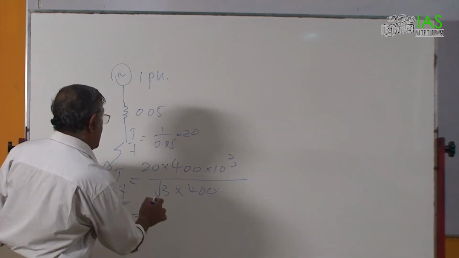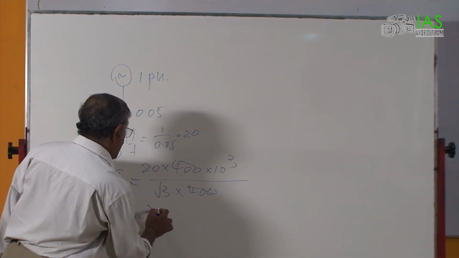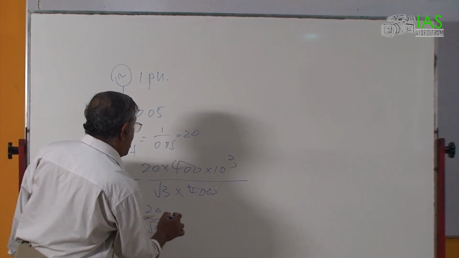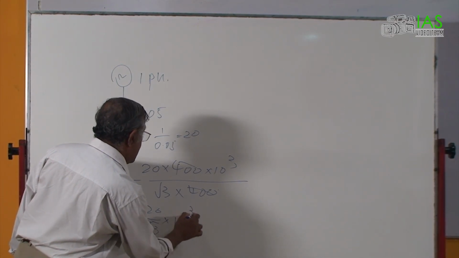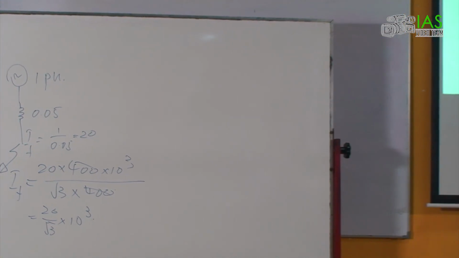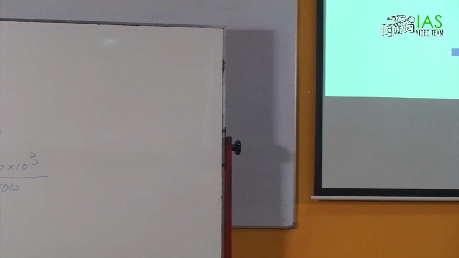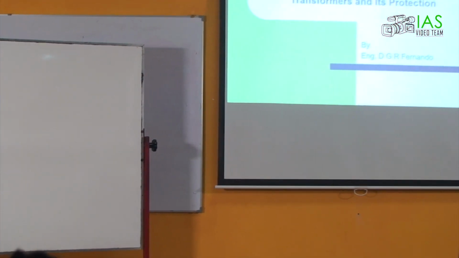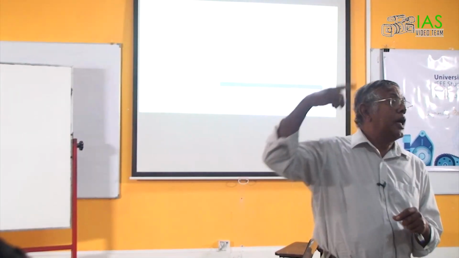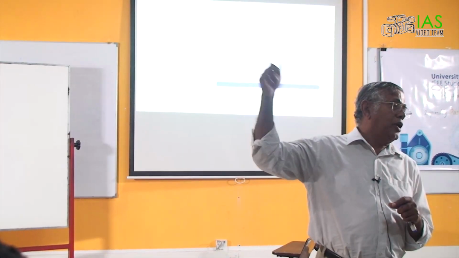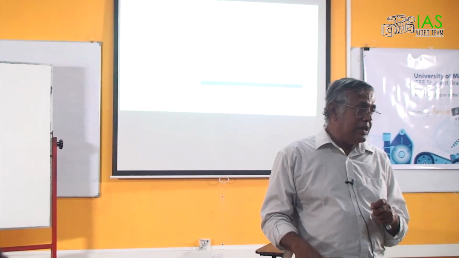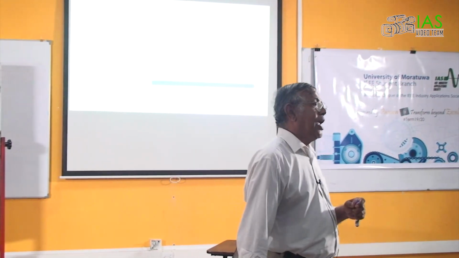So it's 20 over root 3, about 12 kA on the transformer LV side fault capacity. This is assuming an infinite bus at 33 kV, so in practice it is going to be less than that.